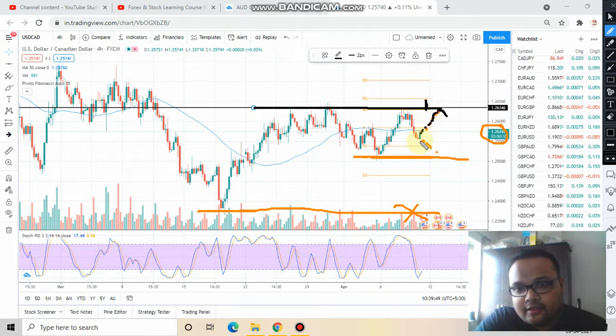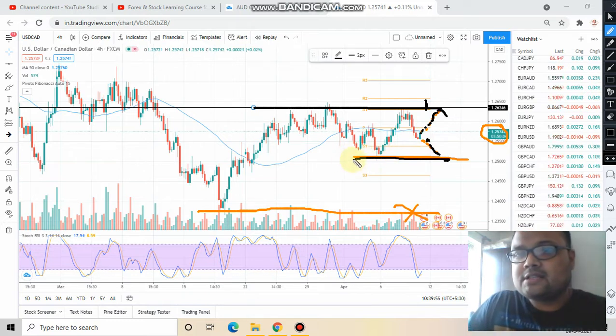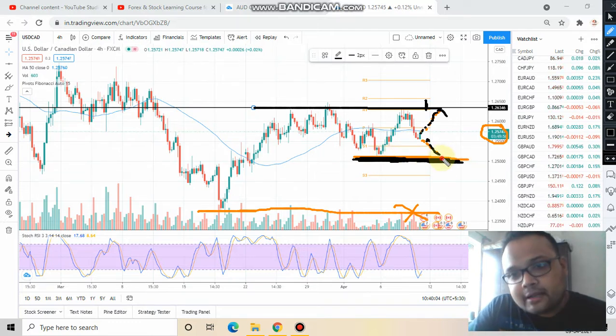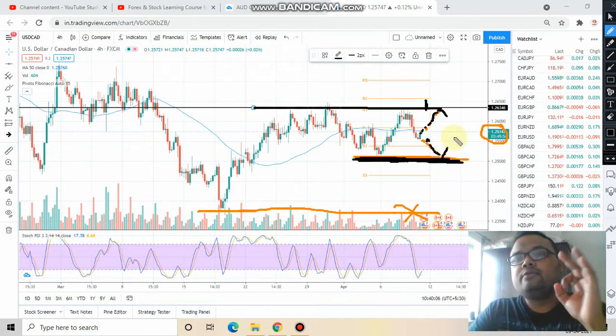On the other hand, if market comes down to this particular support level. Okay, because this level does not have much of a support, still we can think that a market may bounce from the previous low. So in case market bounces from here, just wait for the confirmation. Okay, do not trade without confirmation.